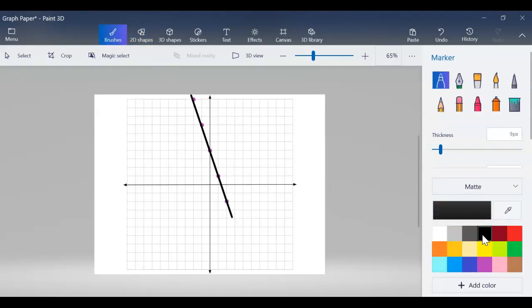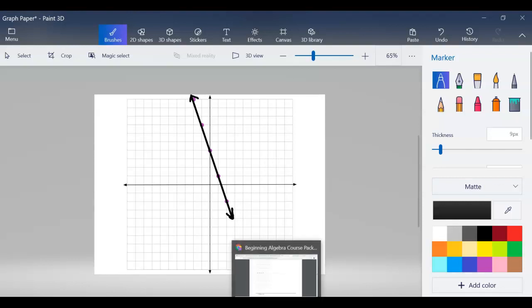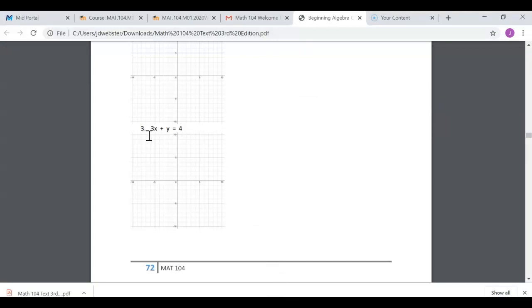And then I guess I drew that in black. Not a huge deal. Just to symbolize that this goes on forever, arrows at the top, arrows at the bottom. There we go. Okay. So that is the graph of the line 3x plus y equals 4.